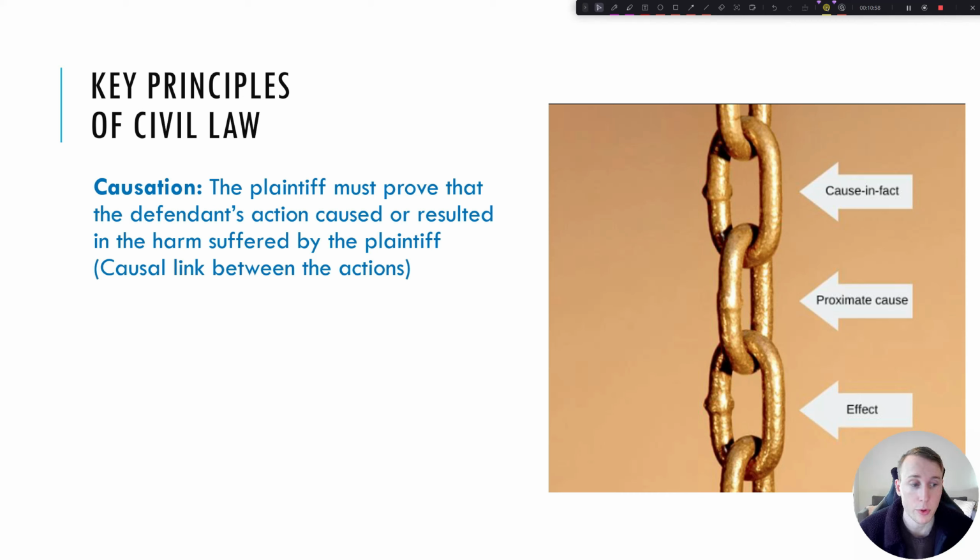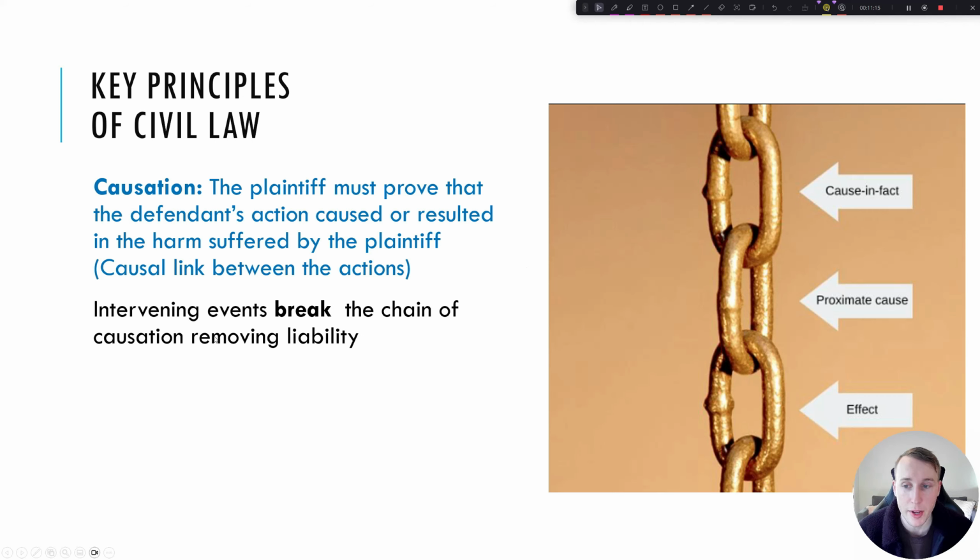So for example, going back to that drowning case study a couple of slides ago, we want to prove that the hotel's failure to employ a suitable lifeguard was the direct result of that particular person drowning or getting harmed. So really straightforward when you think of it like a chain. If there is a break in the chain of causation, it means that person can't be held responsible.